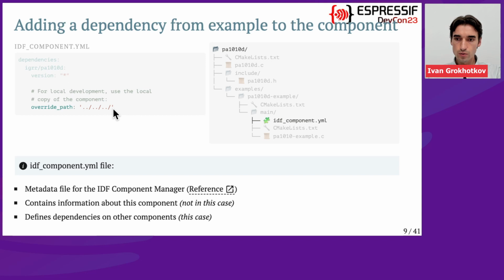This is something we do want when working on the component itself, because we want to be able to make changes to the component source code and see them being reflected in the example immediately without having to upload everything to the component registry and then download it again. And this is achieved by specifying this override path.